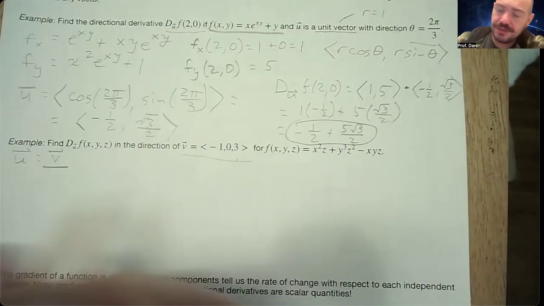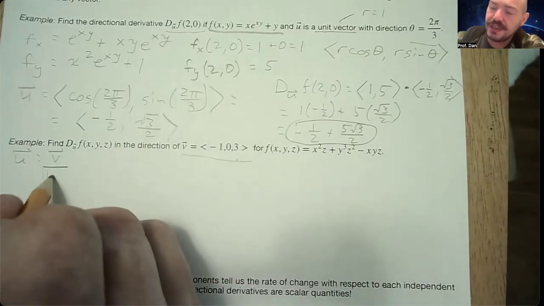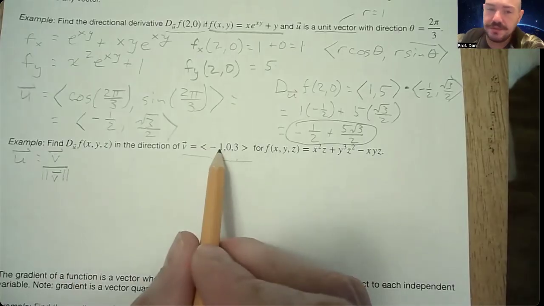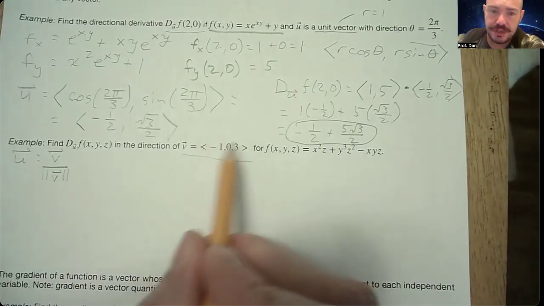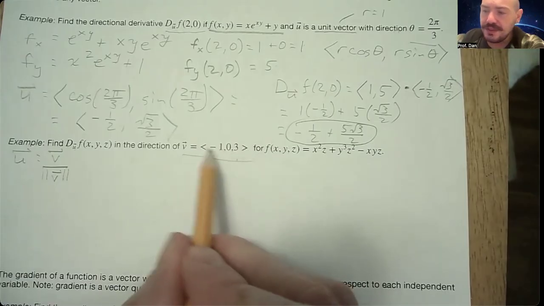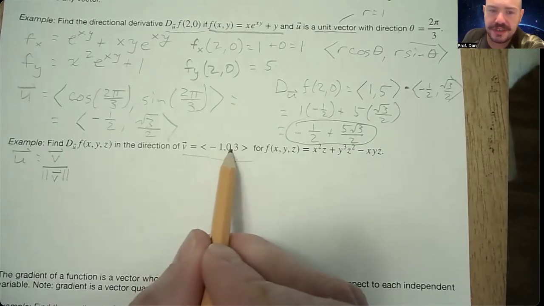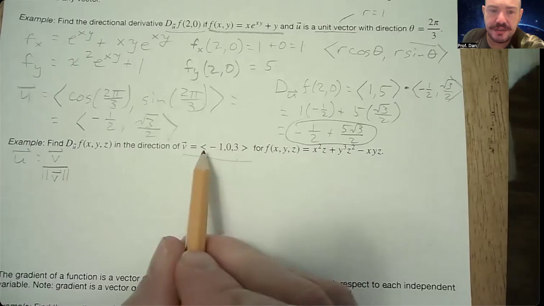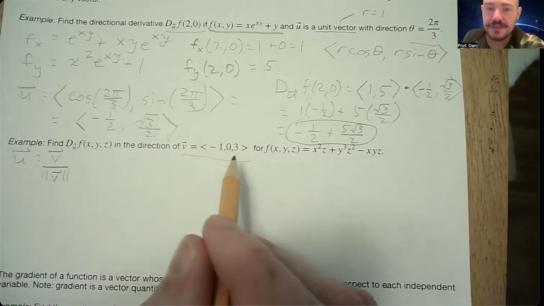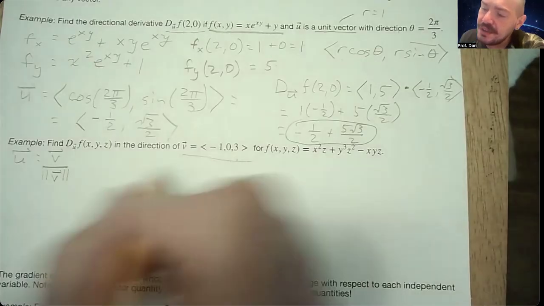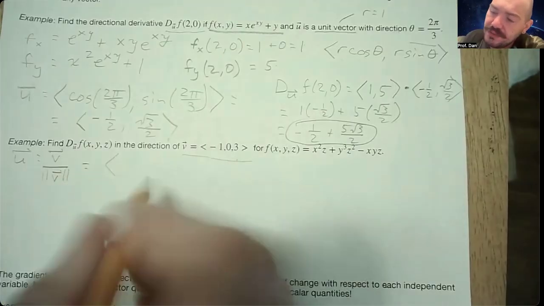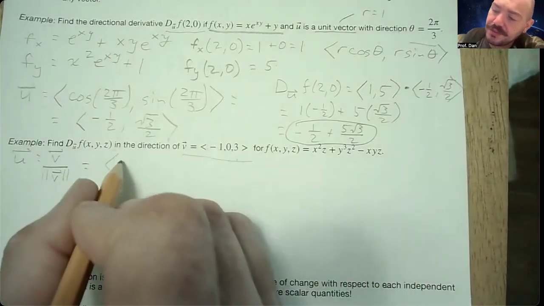Remember, to make anything into a unit vector, all you have to do is divide each component by the magnitude. The magnitude is the square root of the sum of each of these components squared. So square that, you get 1, square that, you get 0, square that, you get 9. Add them together, you get 10. Take the square root, you get square root of 10. So we're going to divide each component by the square root of 10.